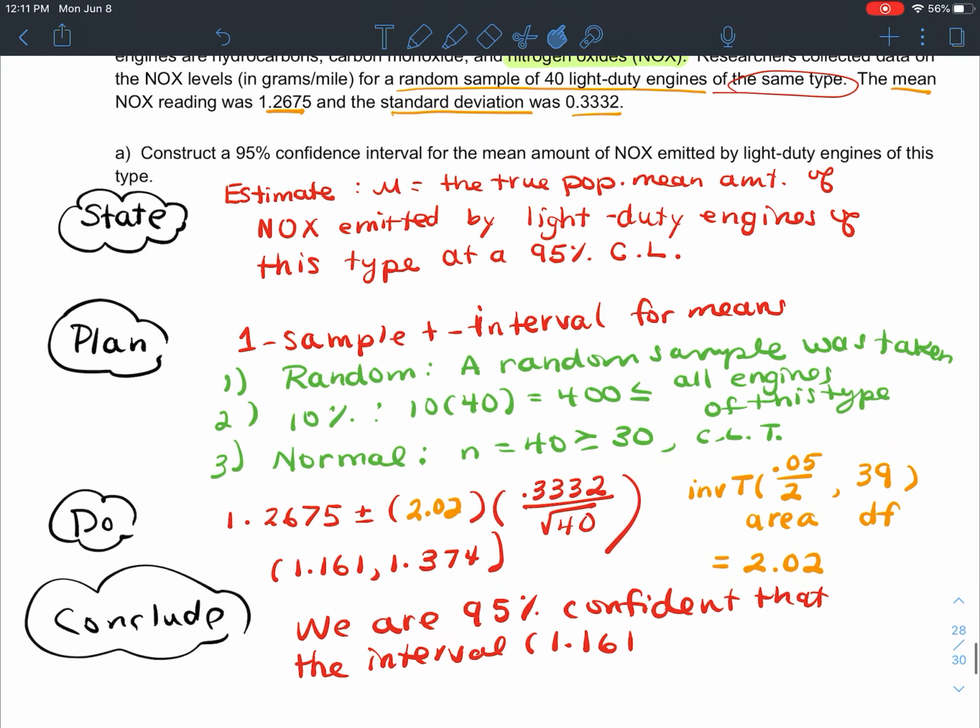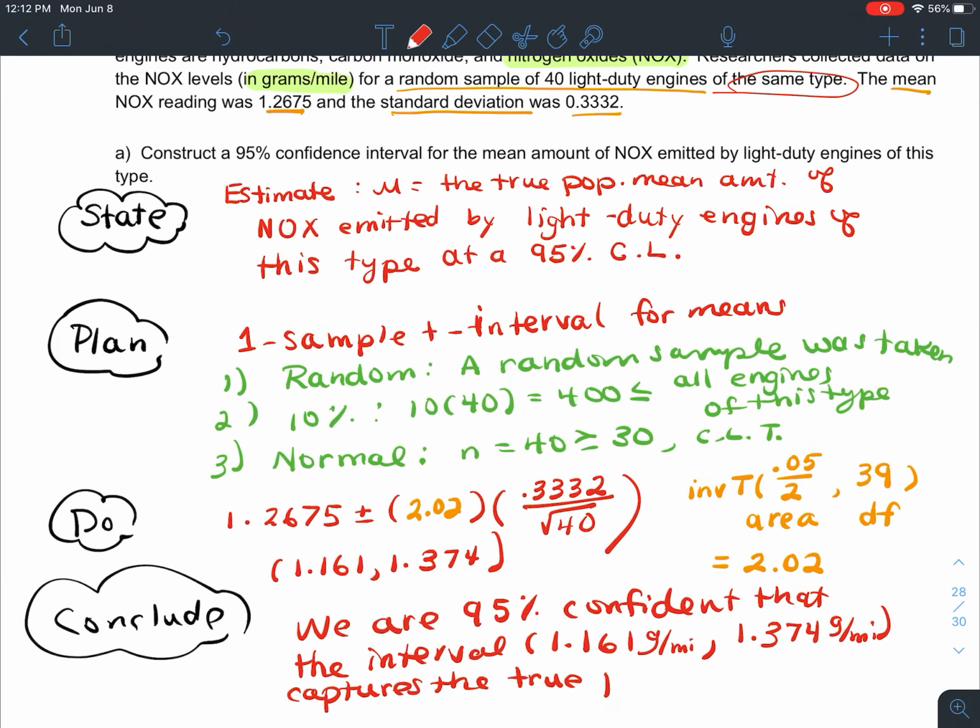And I'm going to label this because we want to give some meaning here to these numbers. Up above, these NOx levels are measured in grams per mile. So it's from 1.161 grams per mile to 1.374 grams per mile.